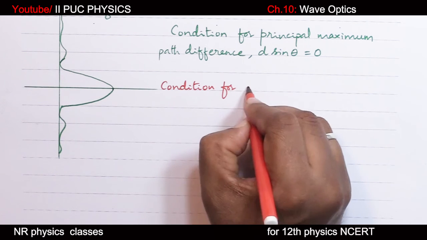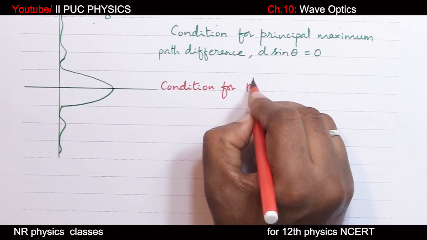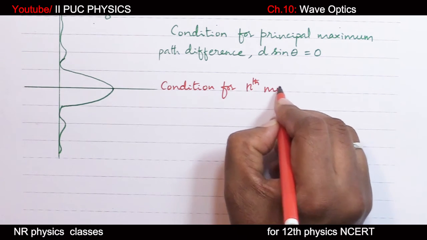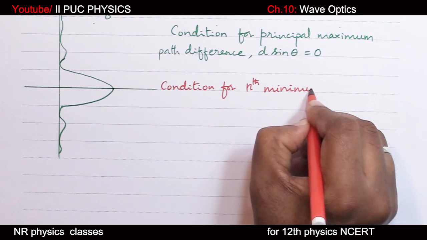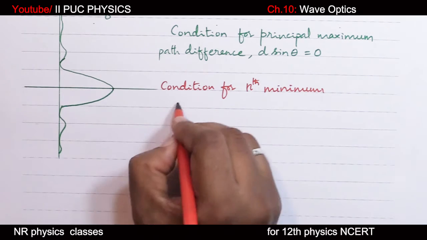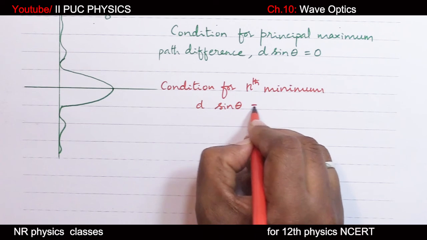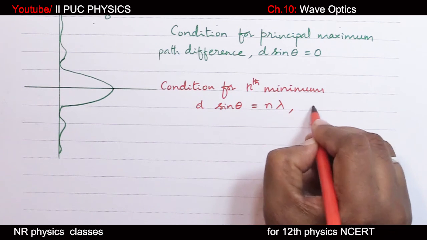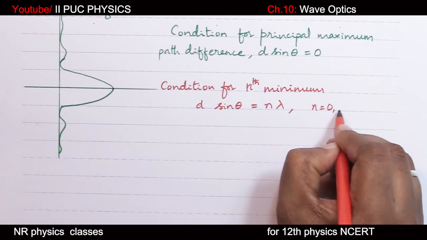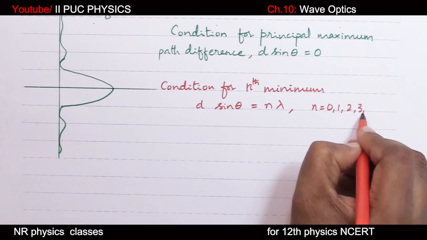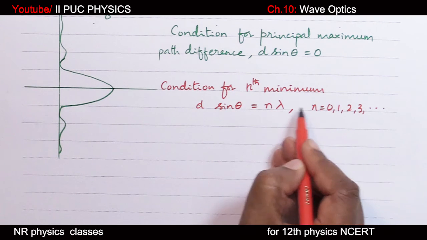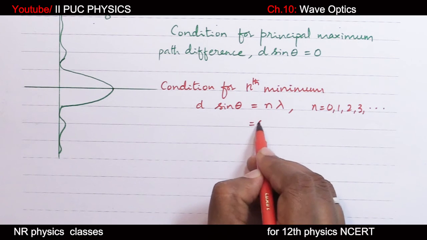Condition for the nth minimum: path difference d sin theta equal to n lambda, where n is 0, 1, 2, 3, etc. Substitute 0 here, we get 0.